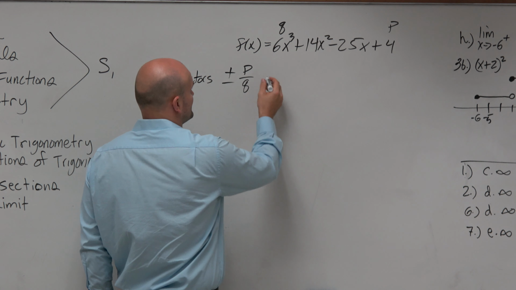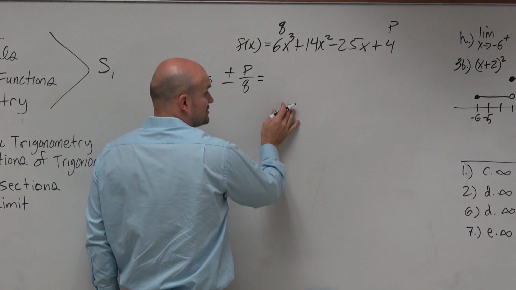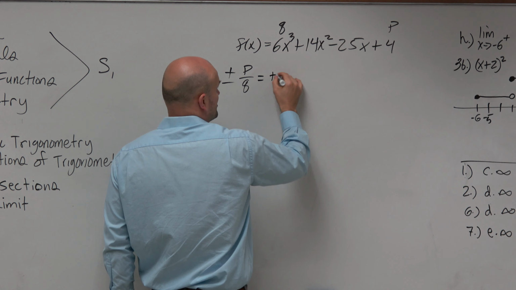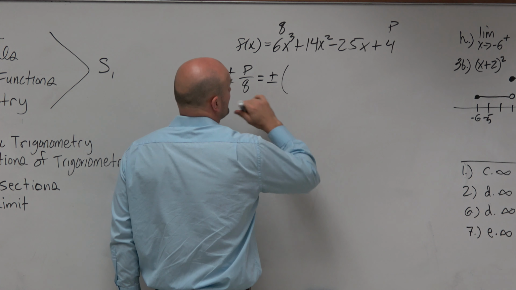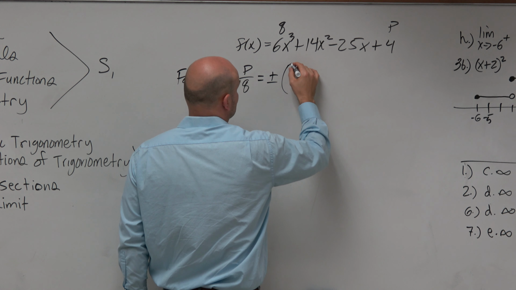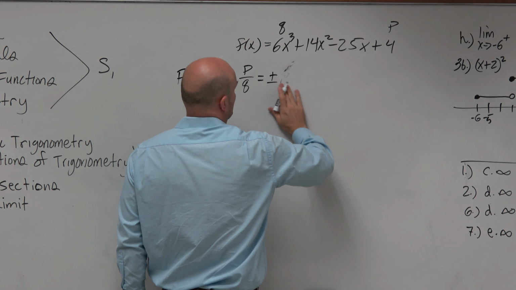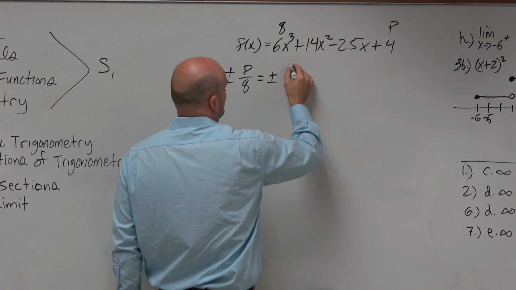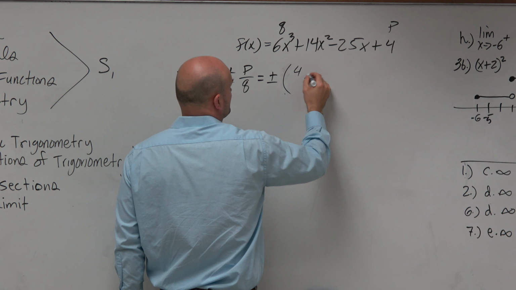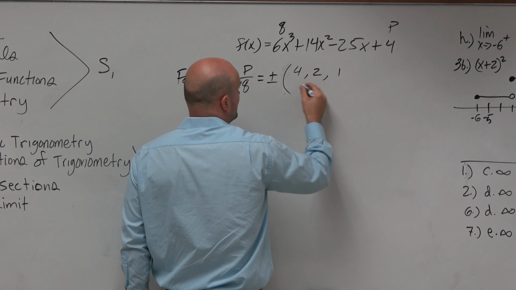The easiest thing to do here would be taking the factors of 4, and I'm just going to do plus or minus everything. So we have 4, 2, and 1.